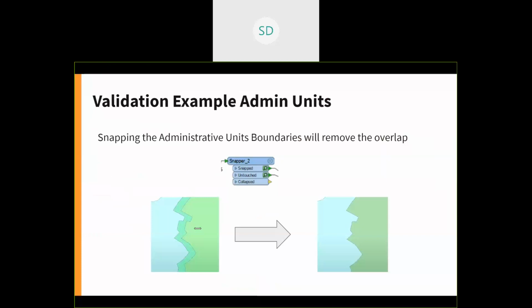So we used FME to fix this problem. In this case, it was really easy: just use the Snapper to fix some small overlaps in the borders. The image I put in here is more of a construction, because the errors were really tiny, in the sub-millimeters, so I couldn't even display them properly on the screen. It's just to give you an impression of what FME did here.